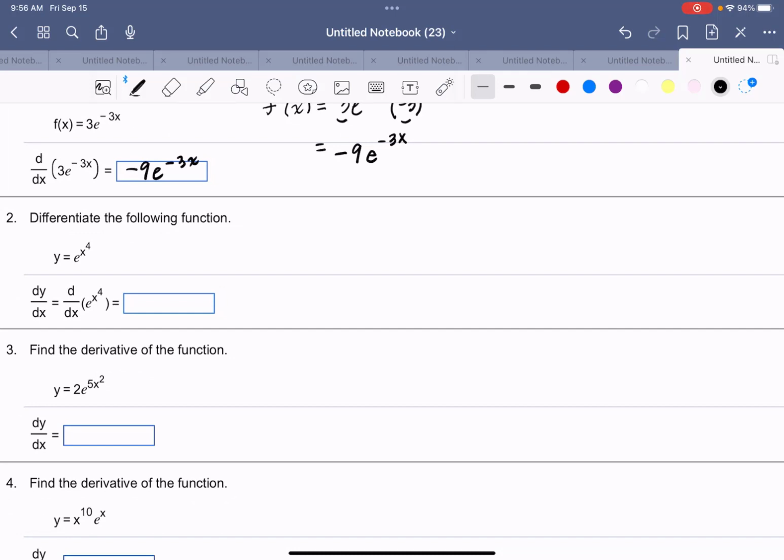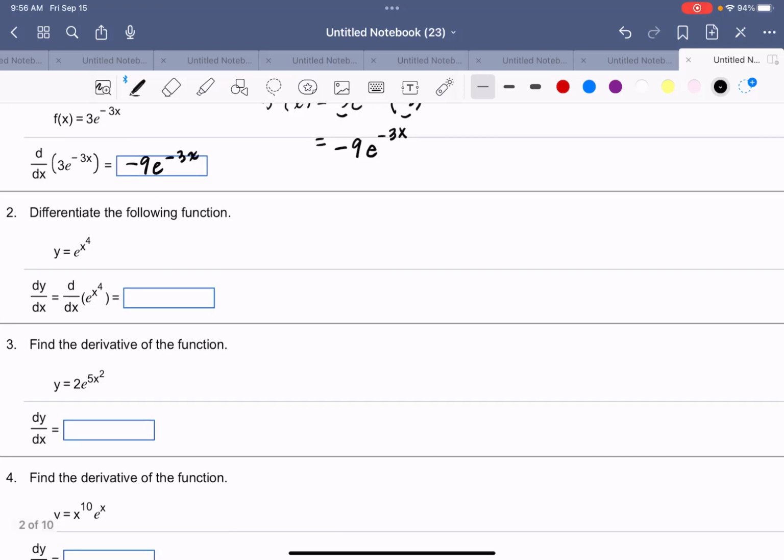Example number 2, differentiate the following function. y equals e to the x to the 4th. So again, we have an e base. The derivative of y, dy with respect to x, can also be written derivative with respect to x of e to the x to the 4th is going to be copy e to the x to the 4th, then take the derivative of the exponent, which will be 4x to the 3rd.